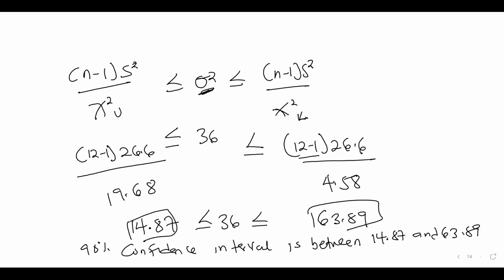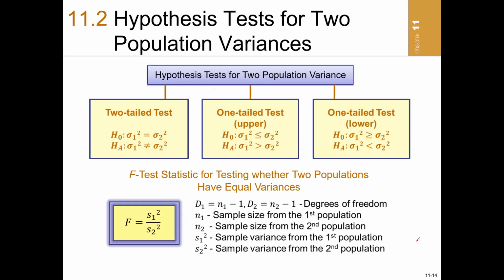Now, the next thing we are going to discuss is confidence interval and hypothesis testing for true population variance. When it happens like this, for the confidence interval as well as the hypothesis testing, we are not going to use the chi-square table.